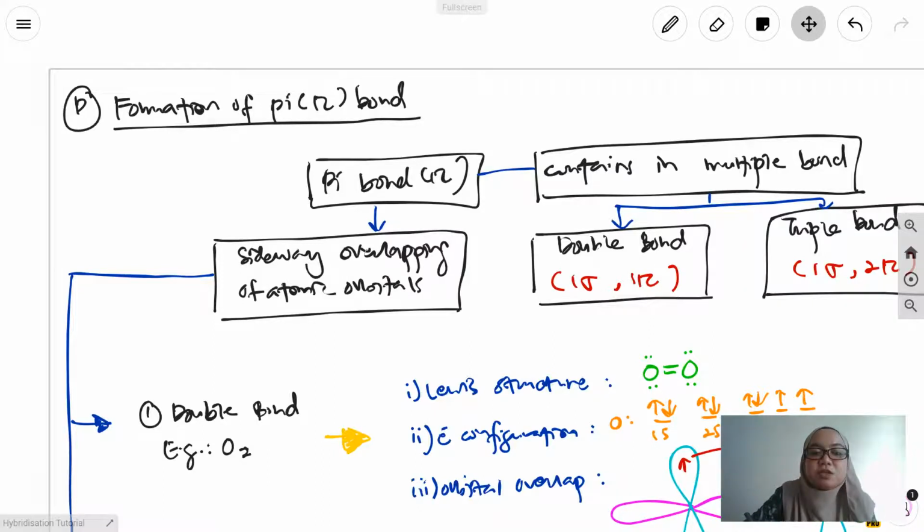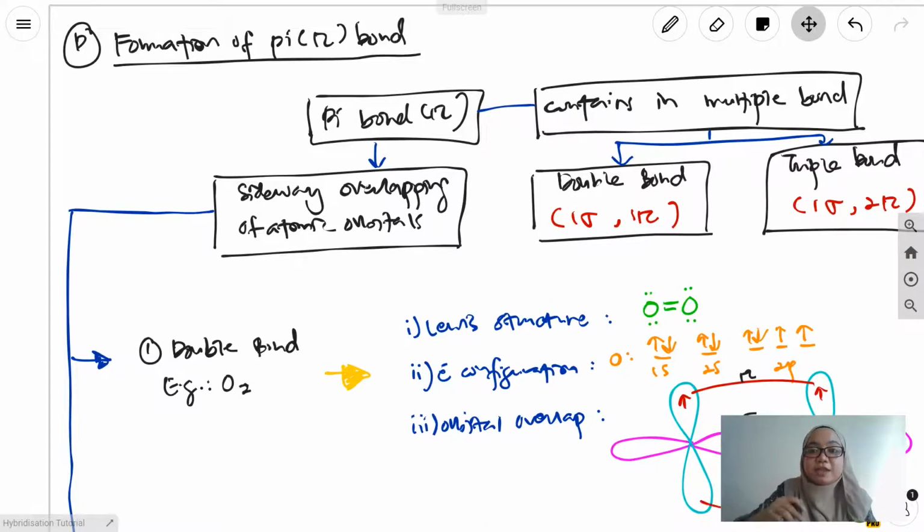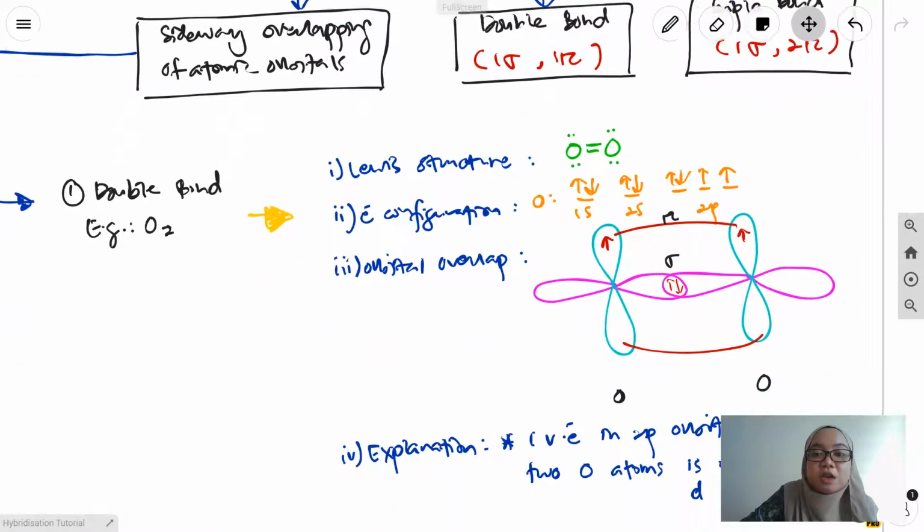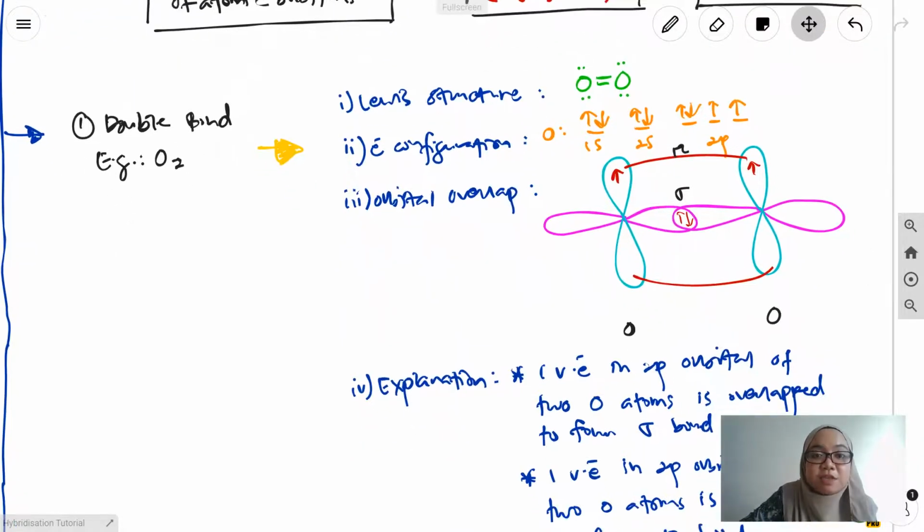We are going to look at two different examples of the formation of a pi bond. First we look at the formation of a double bond, in this case oxygen gas.